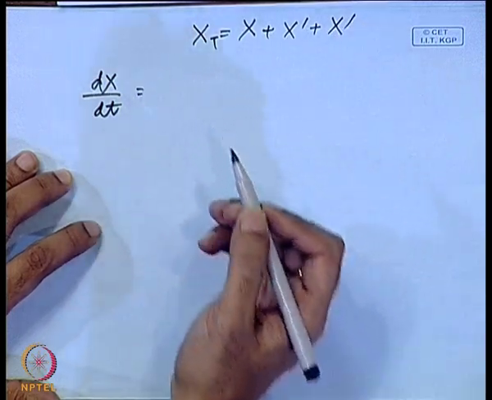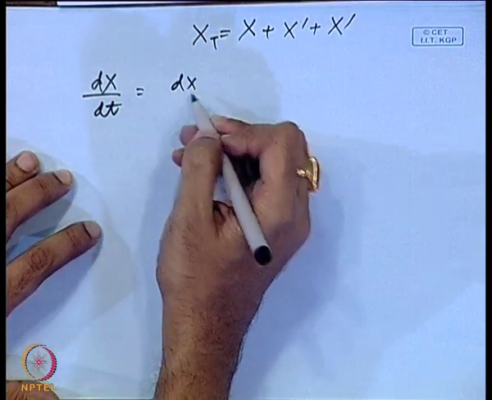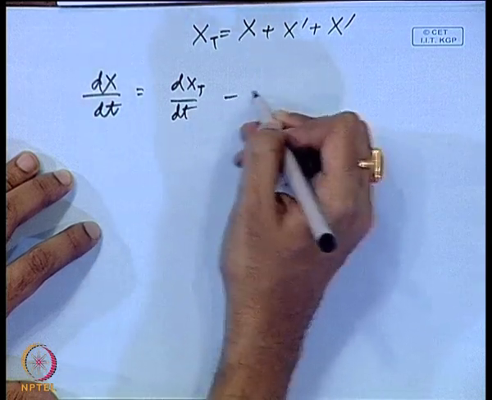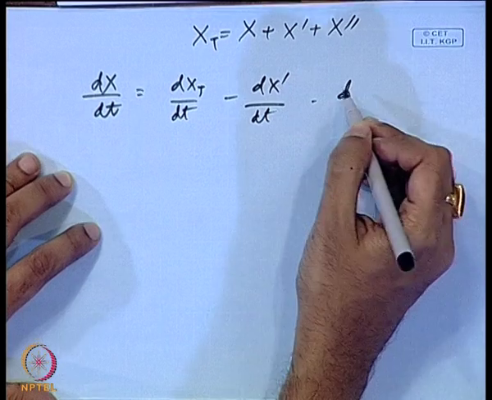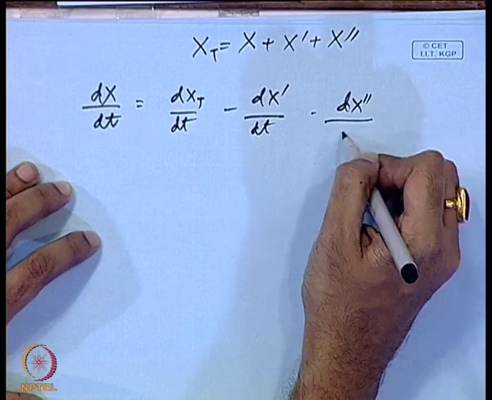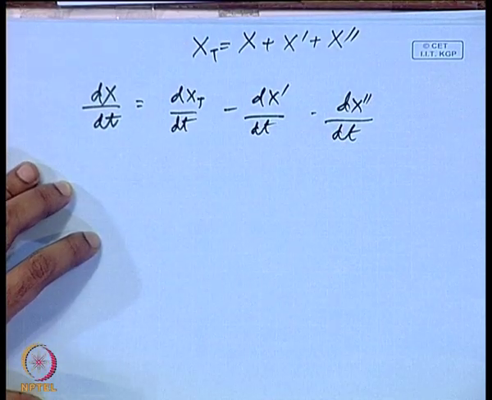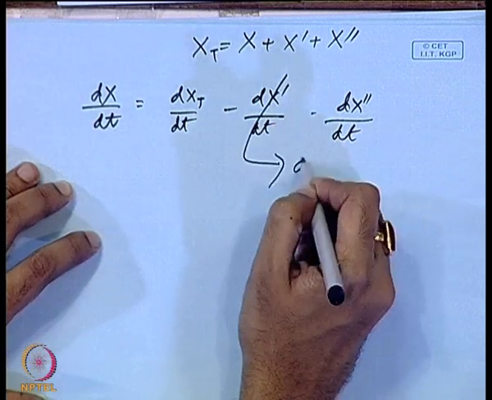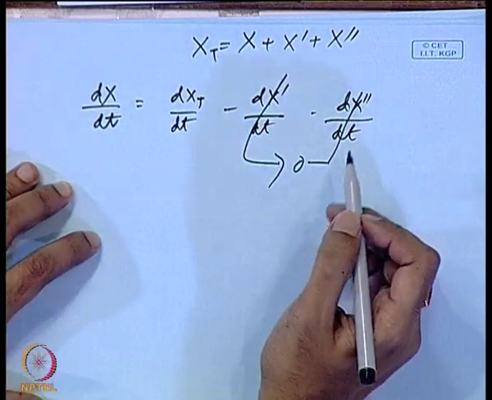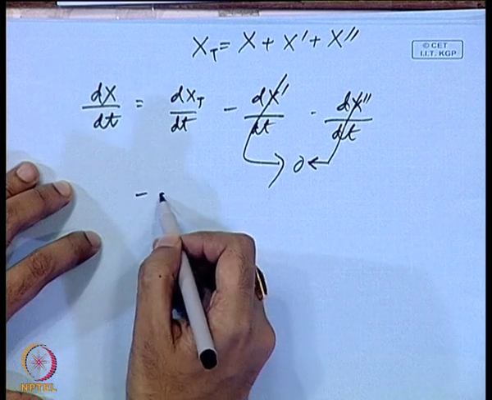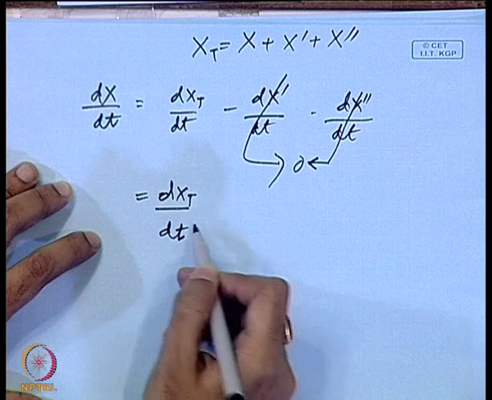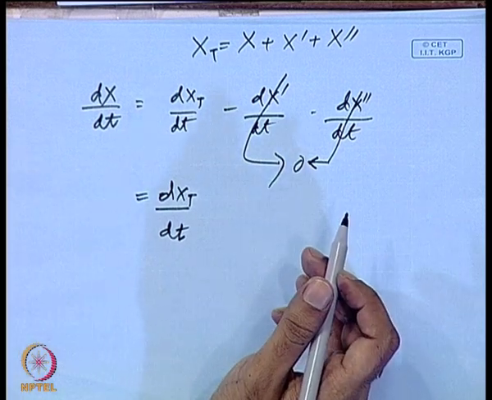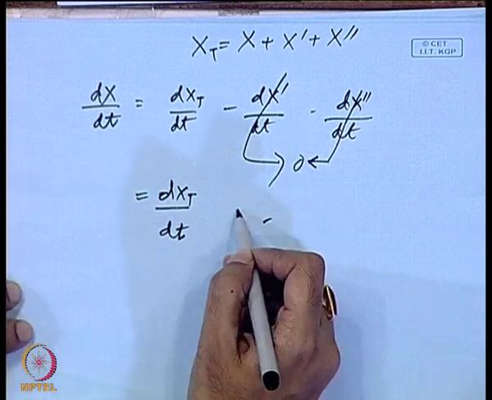So dx dt would be dxt dt minus dx prime dt minus dx double prime dt, right? But these are 0 because of the pseudo steady state approximations. So you get this as dx dt.